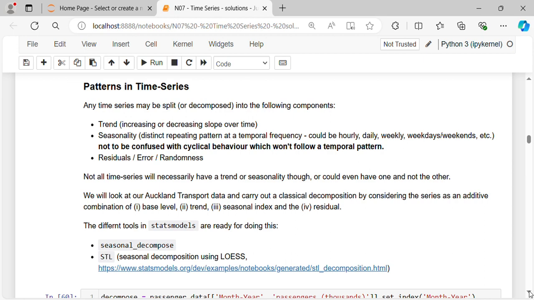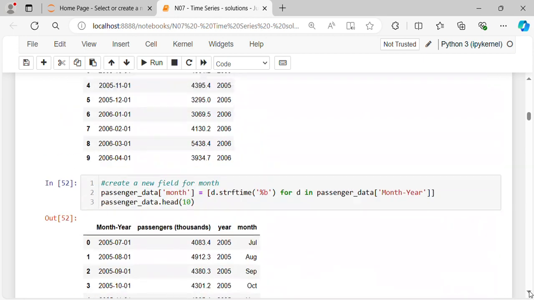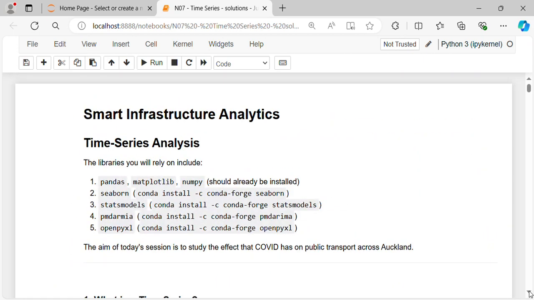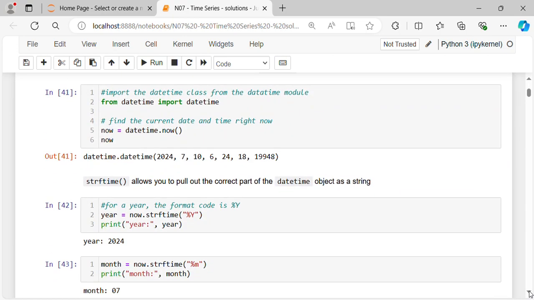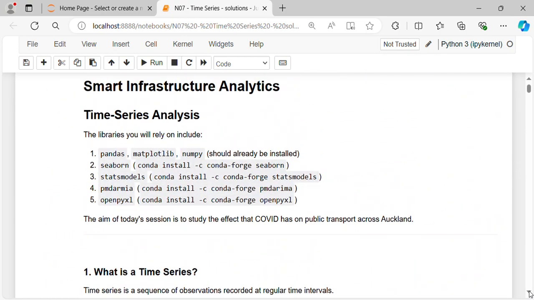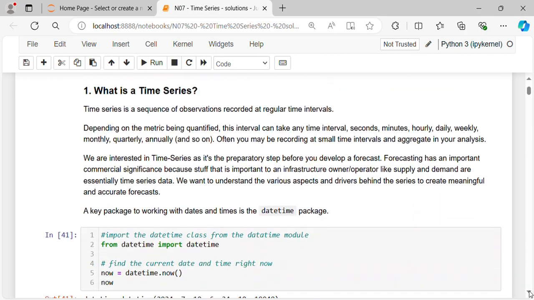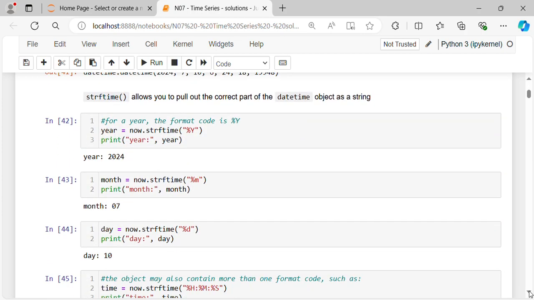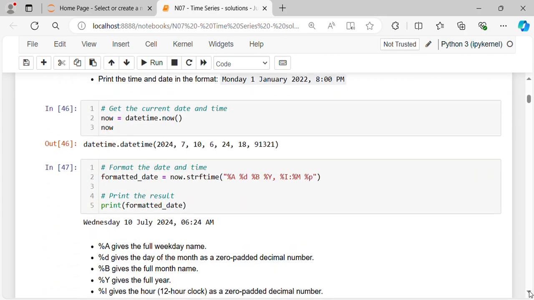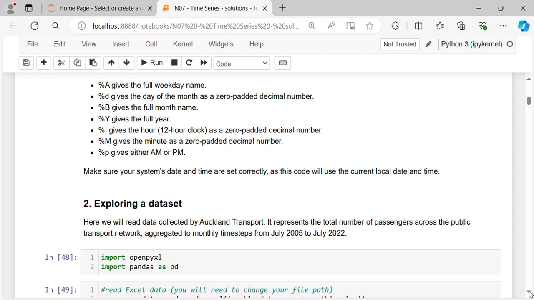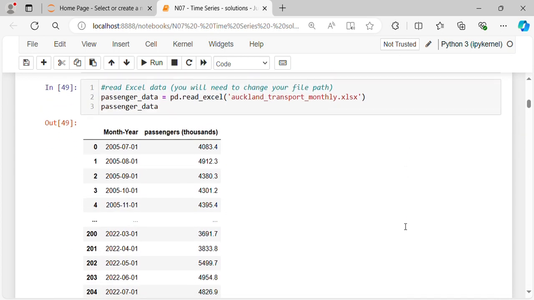In this lab, what we did was import the time series data on the public transport network across Auckland, and we prepared the data. We created a new column for year and a new column for month, and then we explored the data using a line plot and box plot.